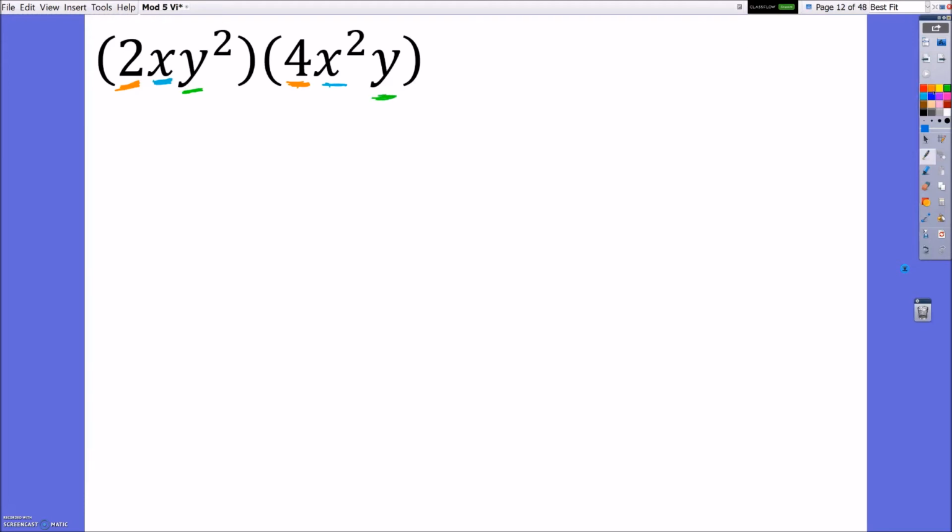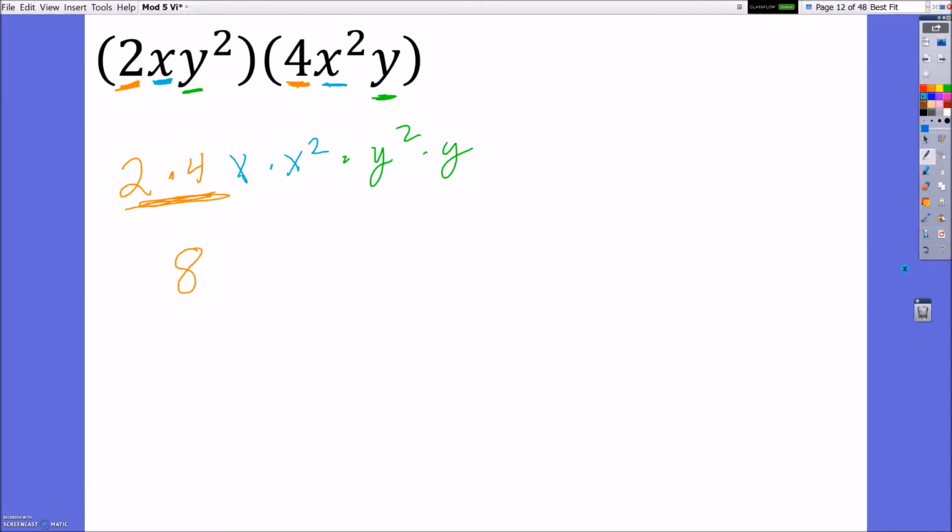So you don't need to do this next step, but you could rewrite it in this order of 2 times 4 times x to the second times y to the second times y. Now, if I just gave you 2 times 4, kids get confused and say, do I add those together to get 6? No, we don't. We're still going to multiply them. So 2 times 4 is 8.